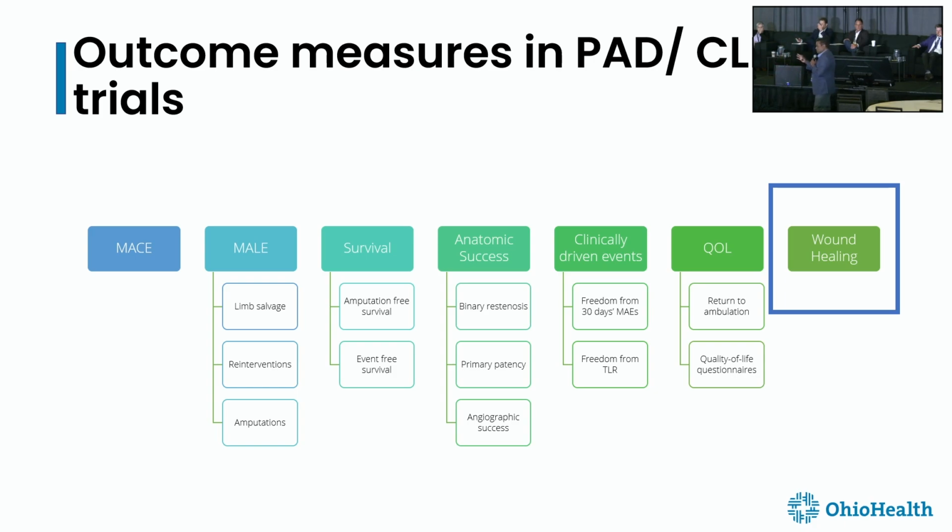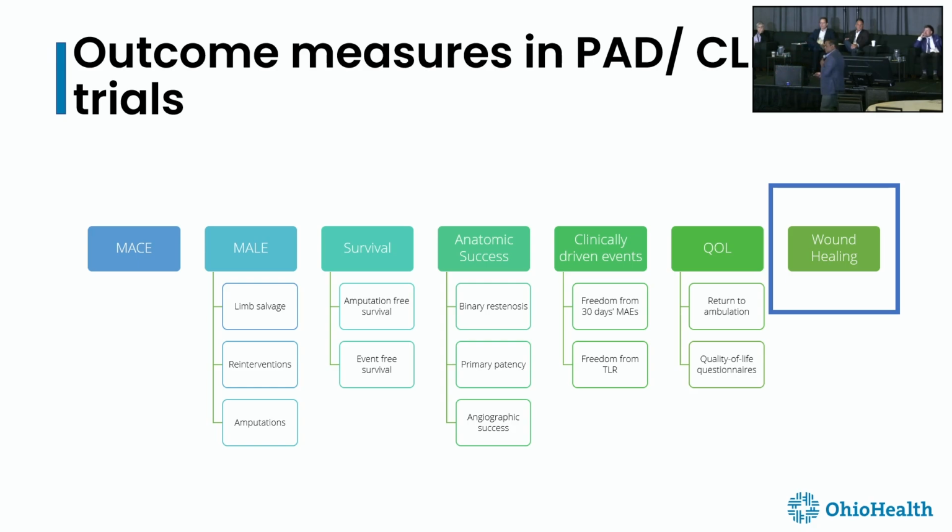And wound healing is now picking up, but all of these patients are pretty sick. They're elderly. You saw Terry's case, 81-year-old woman or whatever, and 5-year amputation-free survival. If I go and tell that person, I'm going to refer you to my interventional partner because your 5-year amputation-free survival is going to be X, they'll give me the stare.